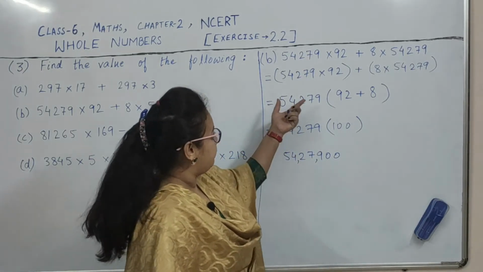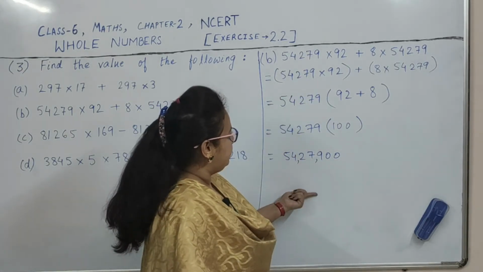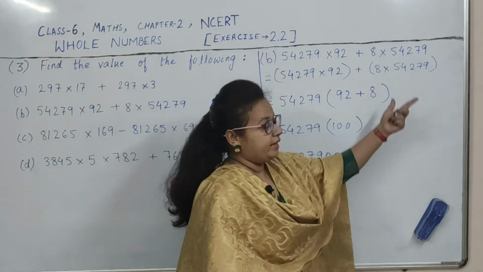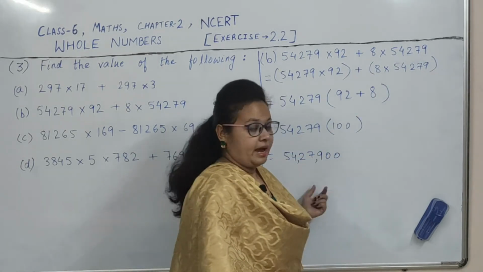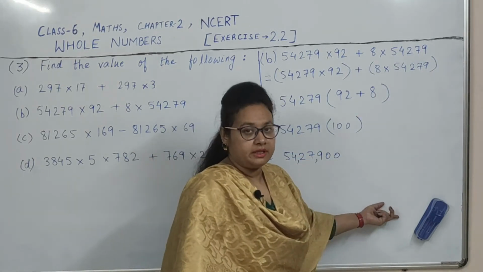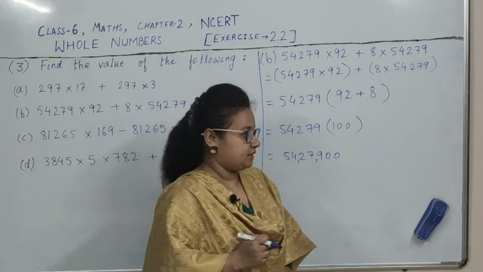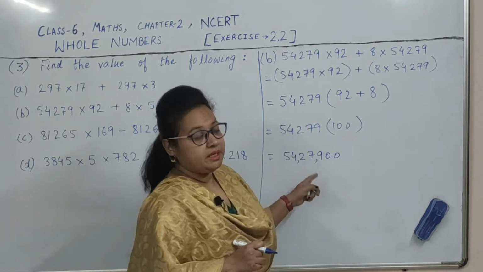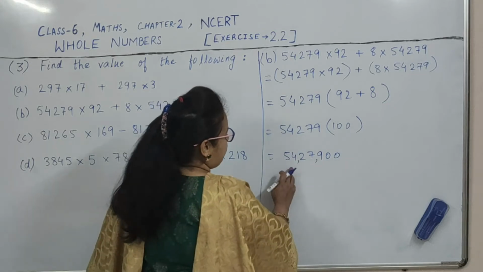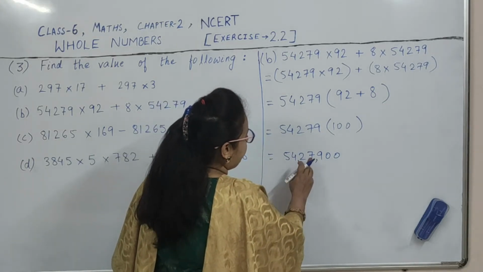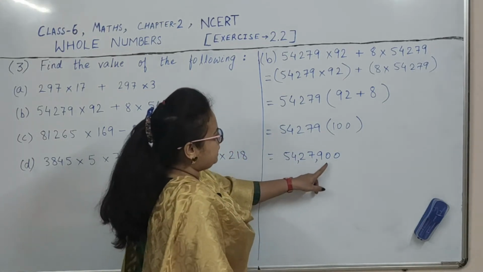But if you would have calculated this, written it, again plus sign, calculated that, then written here, and then found the sum, it would be a lengthy process, a time taking process, and this is the correct way to do it. So what is the answer? This is 5,427,900.